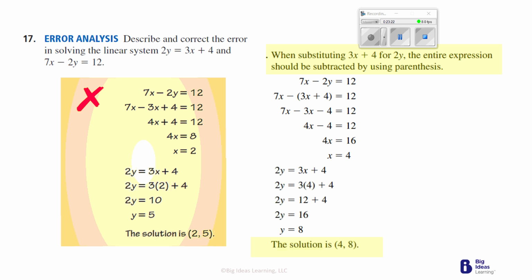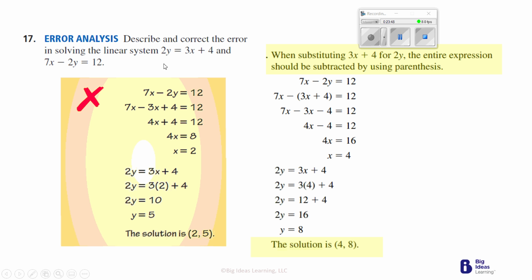I'm not crazy about this answer, but I do see what they're saying. Normally I would have divided all this by 2, but they took the entire negative 2 out, right? And since this is 2y, right?